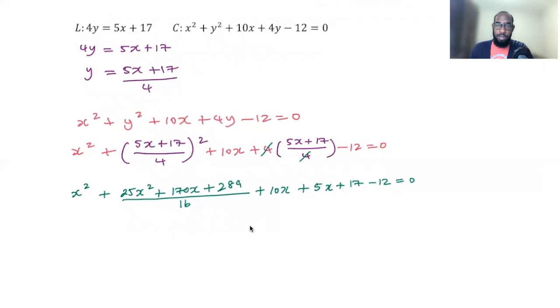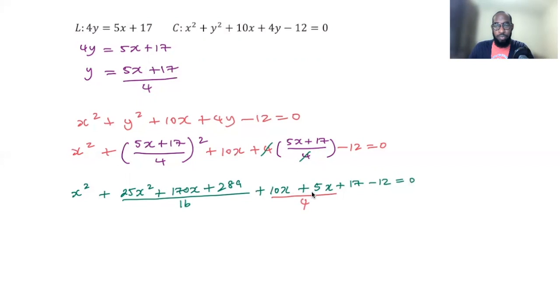The next thing I will do is get rid of the 16. To get rid of the 16, I multiply everything here by 16, which gets rid of this denominator 16, and 0 times 16 is 0. Also, sometimes you may be given a question where it doesn't cancel off easily.